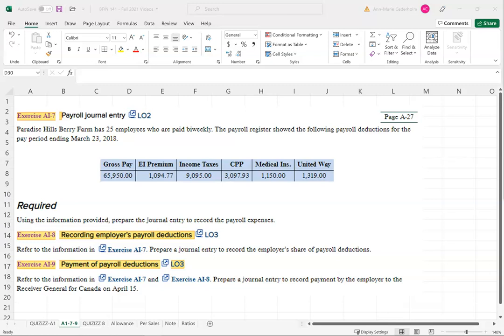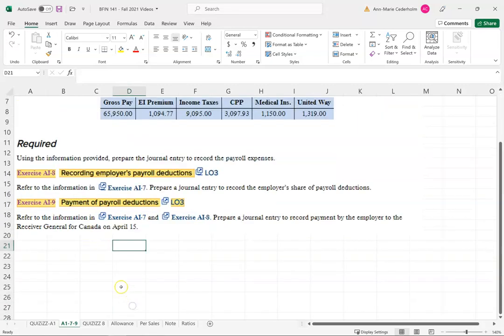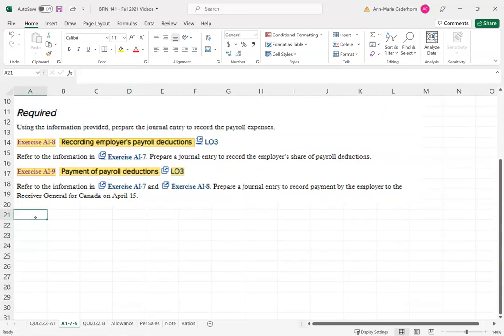In this video, we're going to record the payroll expense for the employees. So we're going to start off with their gross pay, and that's what we're going to allocate as salaries expense. So we're just going to do the journal entry.